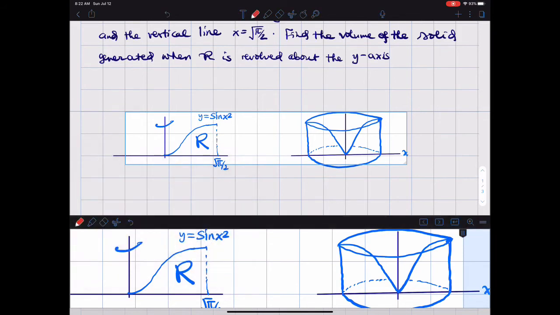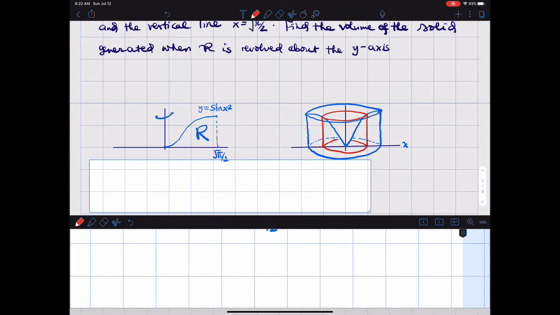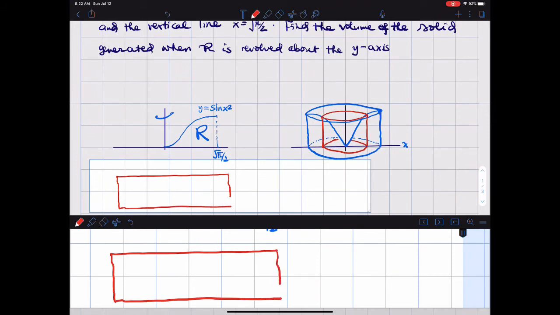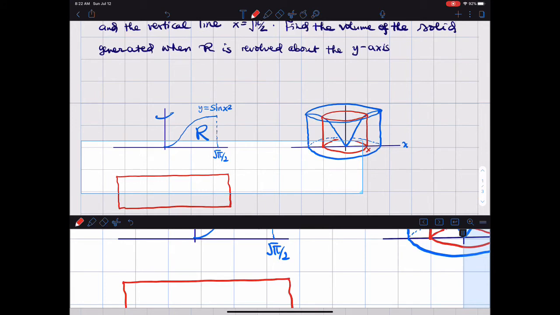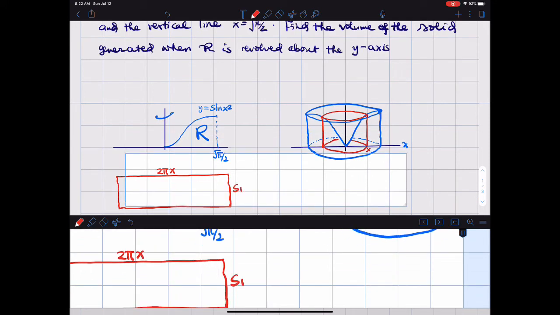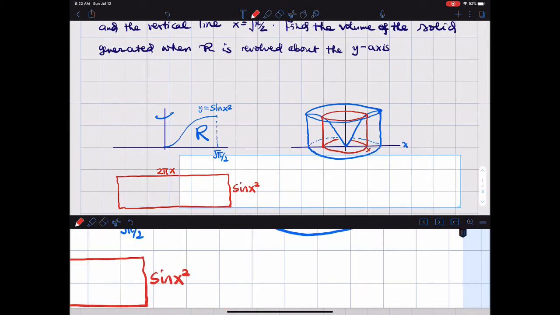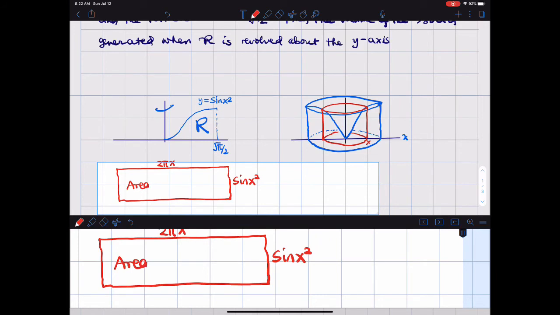If you get a red shell from here and you open up this red shell, if you got the shell at a point X, its circumference is going to be 2 pi x because its radius is x, and its height is just going to be sine x squared, so that its area is 2 pi x sine x squared.